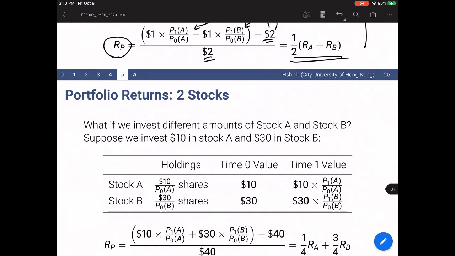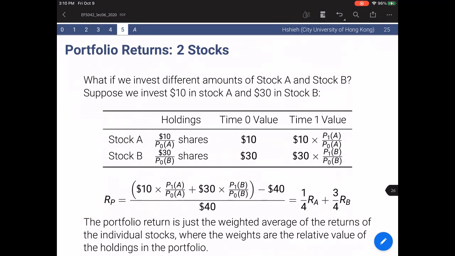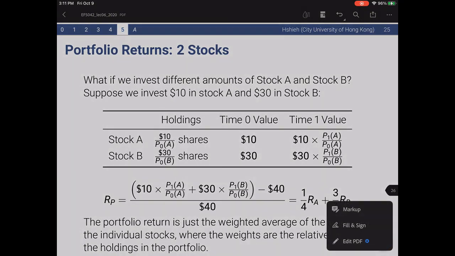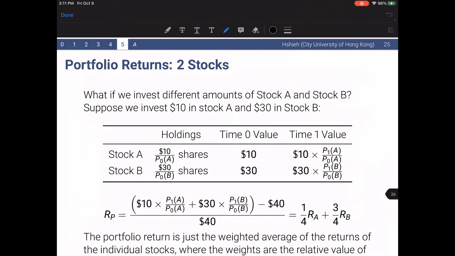All right, so let's suppose a little bit different now. Suppose we have, again, stock A and stock B, but instead of $1 in each stock, we now hold $10 worth of stock A and $30 worth of stock B. And so our holdings, again, simply taking the value we're investing in, dividing it by the price for both stock A and stock B. And so our value today is simply how much we decide to put in each of the stocks, and we multiply the percent return, right?